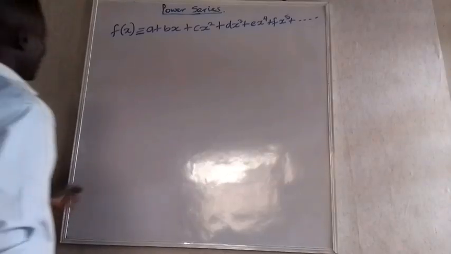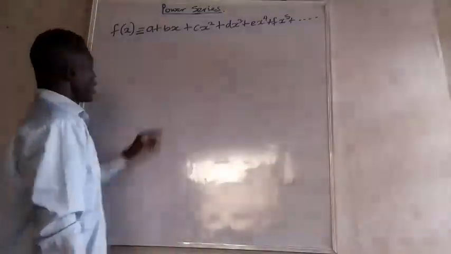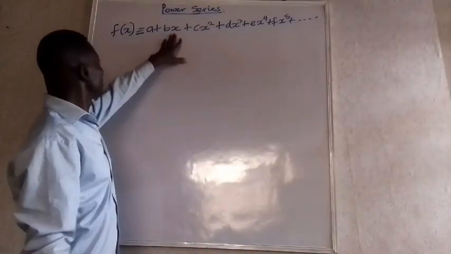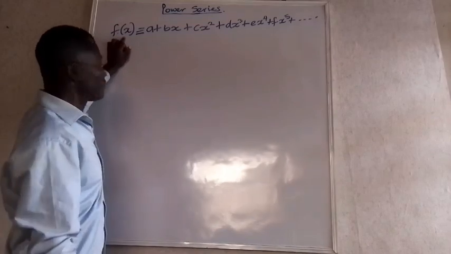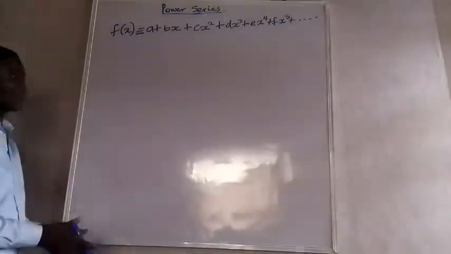Now, if I want to get the value of a, it's very easy. I just put 0 in all these places, and I will get the value. Let's assume I have sin x.